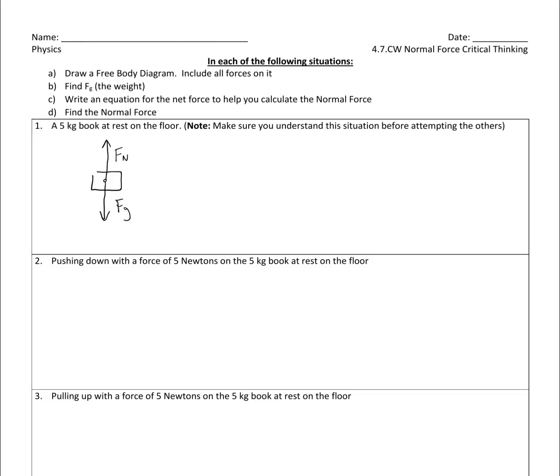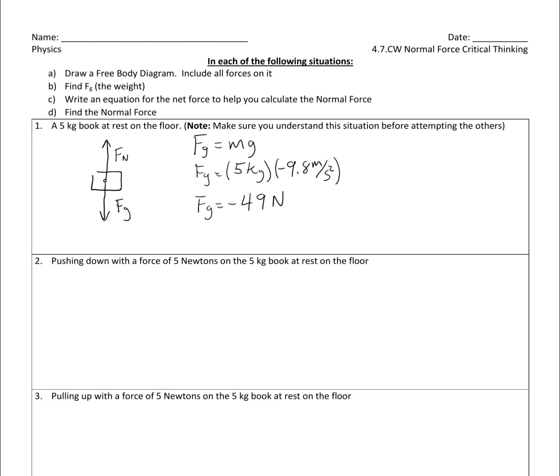Now we can calculate what the weight is. Weight is Fg, the force due to gravity. Fg is equal to m times g. Fg is equal to the mass, 5 kilograms, times the acceleration due to gravity, negative 9.8 meters per second squared. So the weight, Fg, is equal to negative 49 newtons going down.